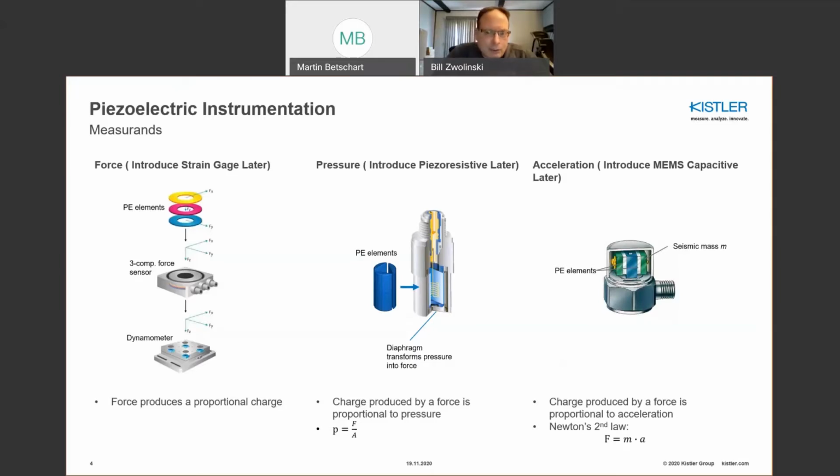And then lastly, with acceleration, you also get a proportional stressing of the quartz, and that gives you a charge output that's proportional to acceleration. That's also calibrated in G's typically, or meters per second squared.